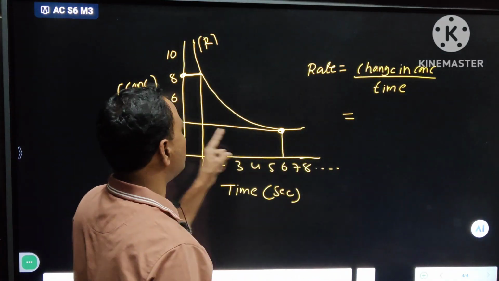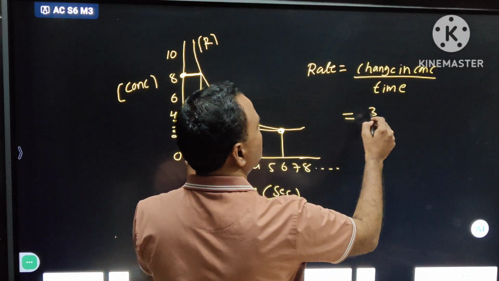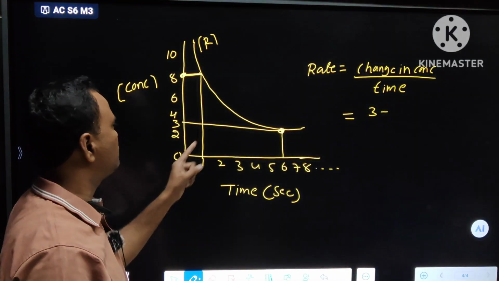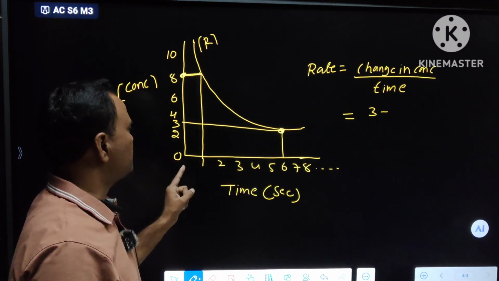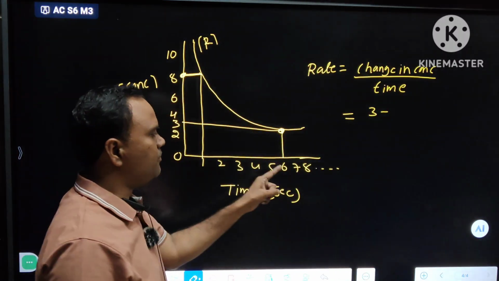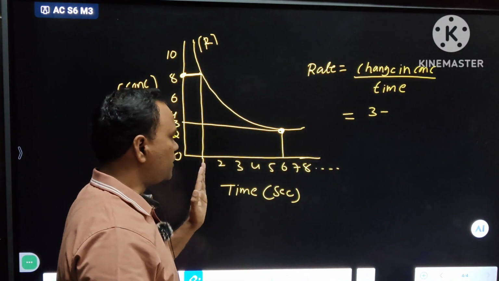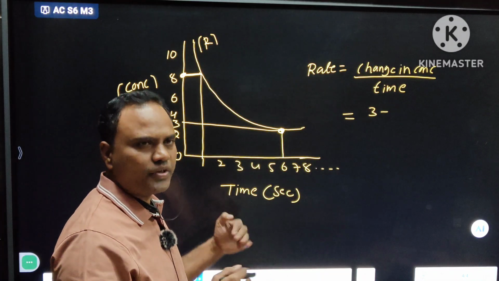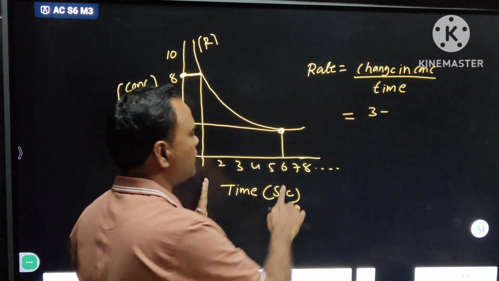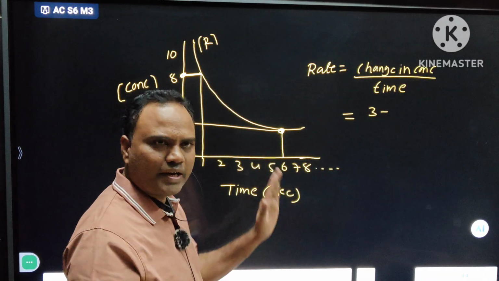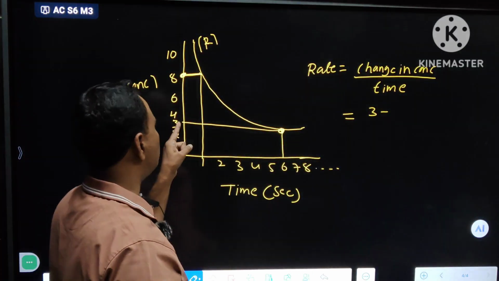At 6 minutes, what is the concentration? 3. Starting is 1 minute, just as we considered, and at 6 minutes the concentration is 3.